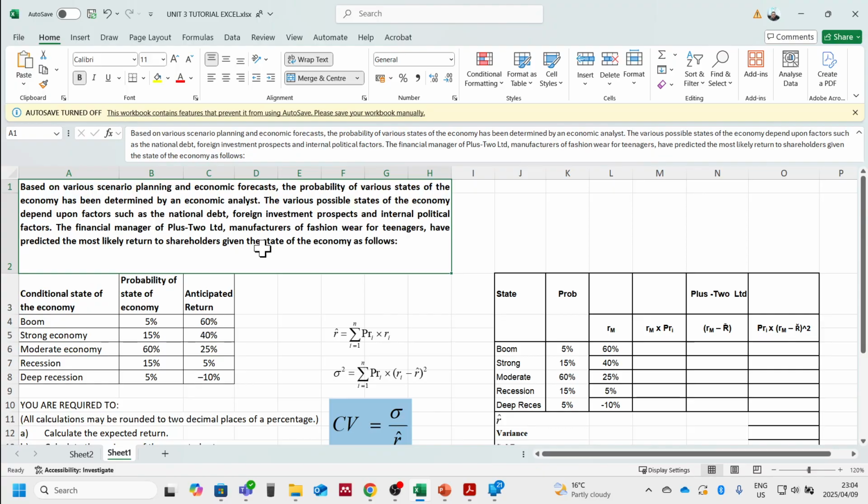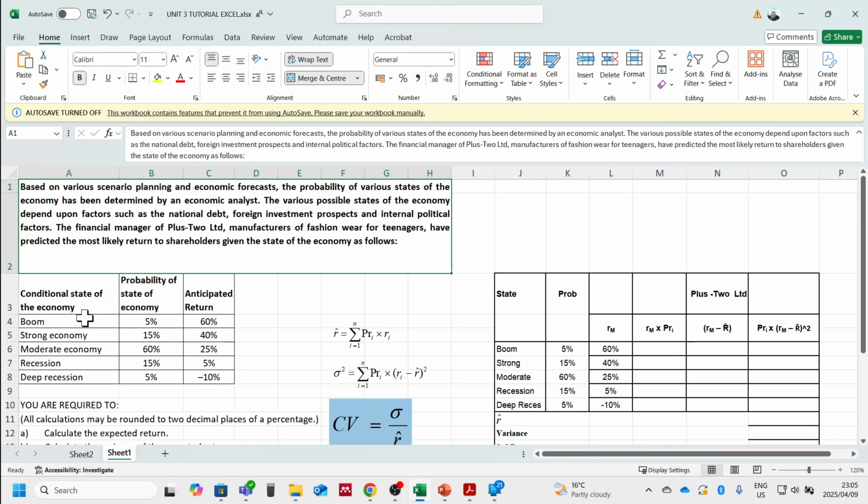The various possible states of the economy depend upon factors such as national debt, foreign investment prospects, and internal political factors. So the financial manager of Plus 2 Ltd, a manufacturer of fashion wear for teenagers, has predicted the most likely return to shareholders given the state of the economy.